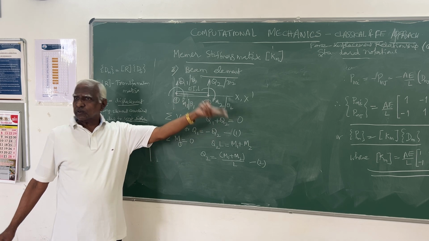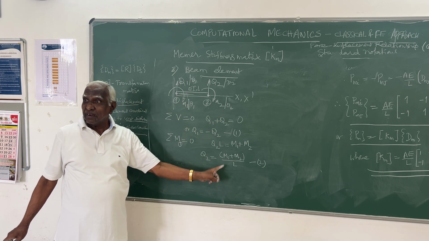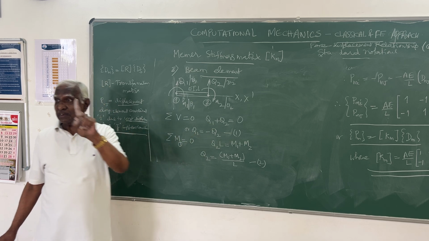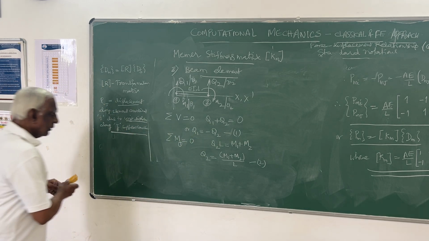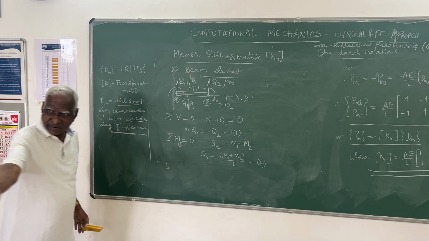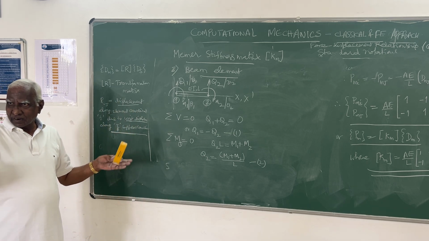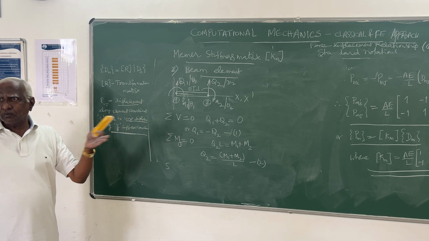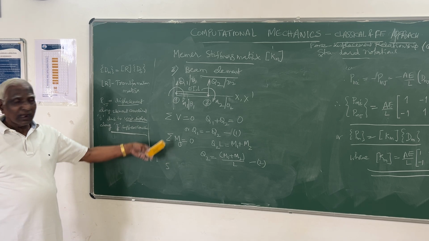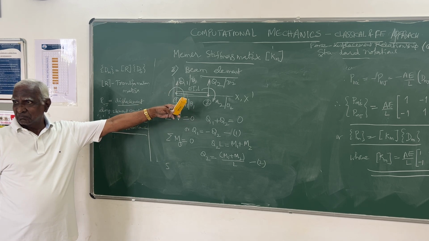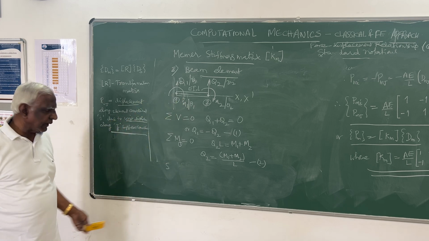So Q1, Q2 can be evaluated by choosing M1, M2 as the unknown. Same thing as I did in truss element. In truss element, out of two, P1, P2, only one is independent. Here, out of four, two are independent.